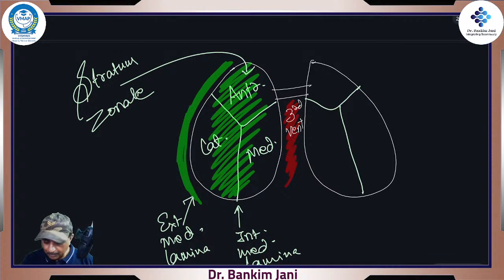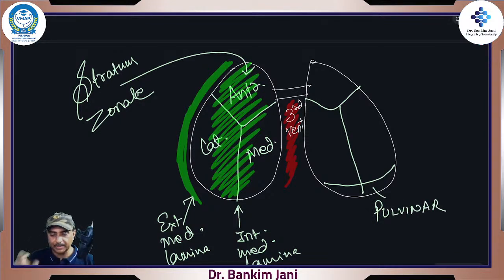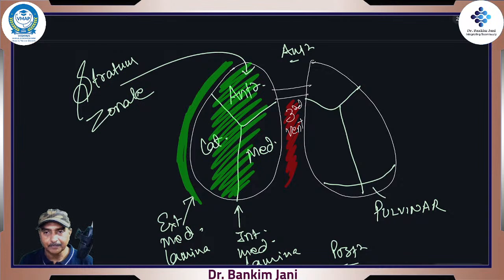But because we need to add something over here, and that one would be pulvinar. Pulvinar is posterior, this is anterior, this one is posterior, right? And on top of it, we were having something more, so that's pulvinar. 1, 2. They were what?